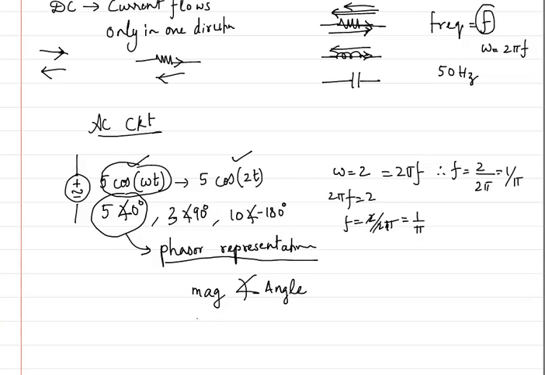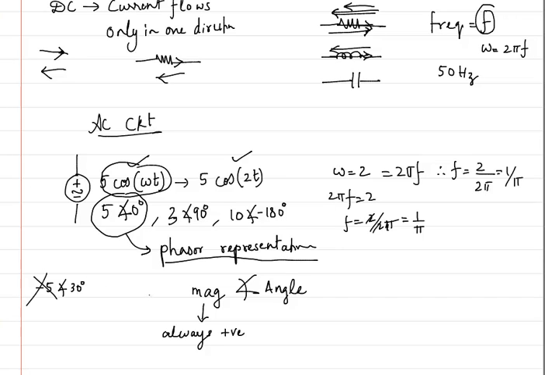Always remember, the magnitude will always be positive. Never forget. You will never have a minus 5 angle 30 degree. You will never have this minus. That is wrong.